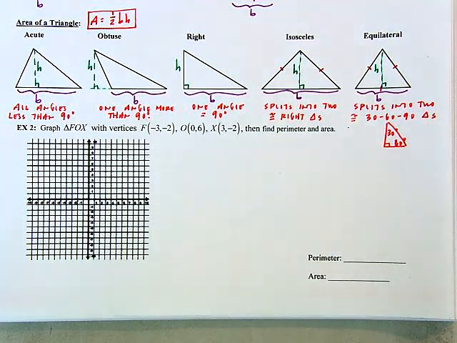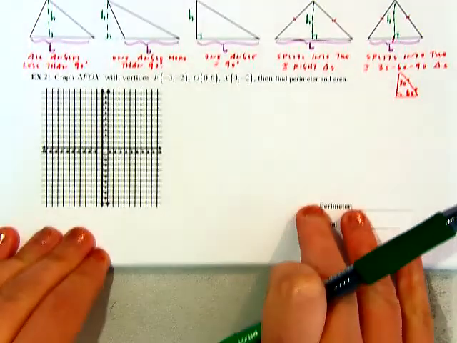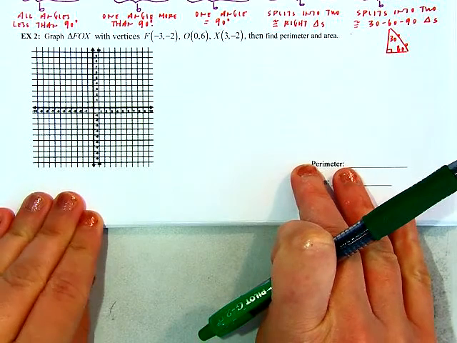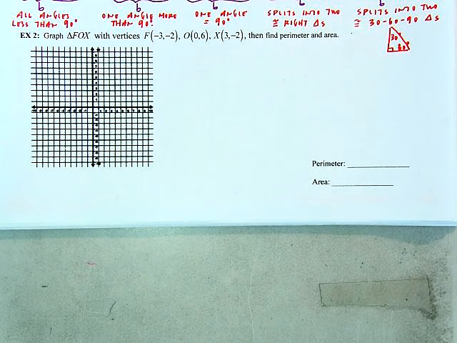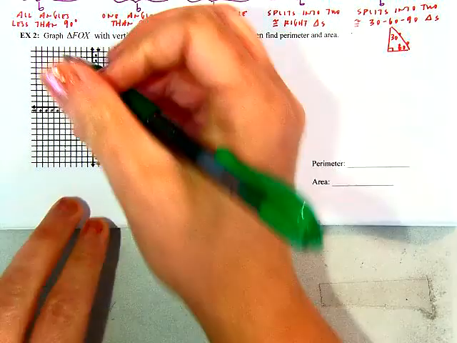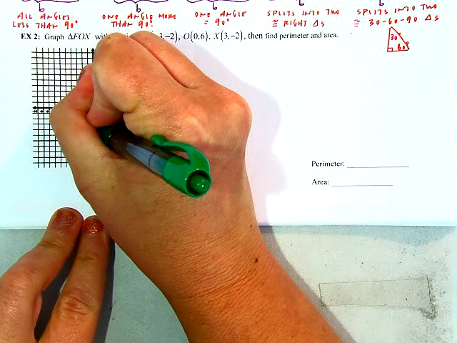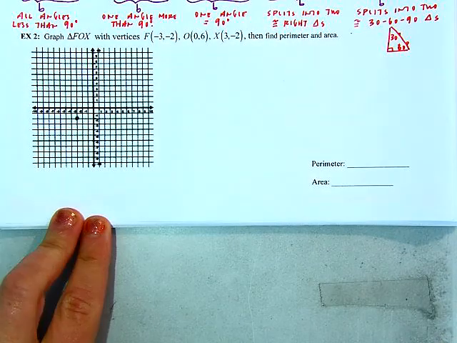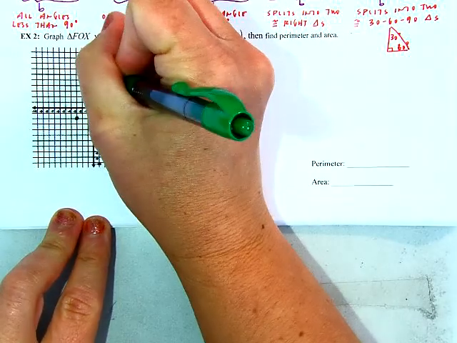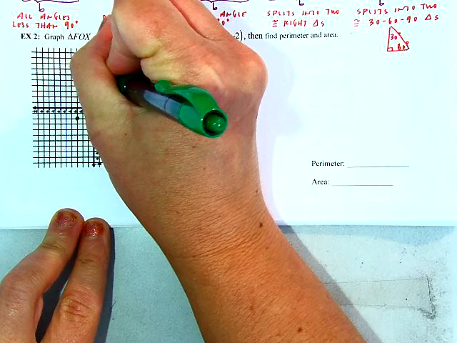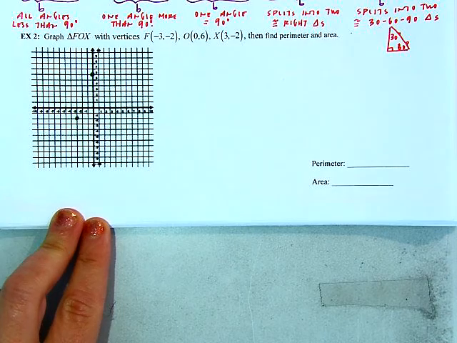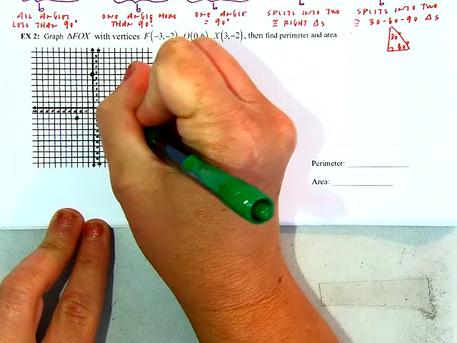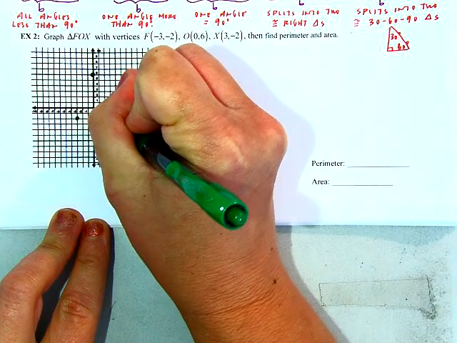All right, next up, I want to graph this triangle, and then I want to find the perimeter and the area. So F is at -3, -2, right here. O is at 0, 6, so right here. And X is at 3, -2, right here.